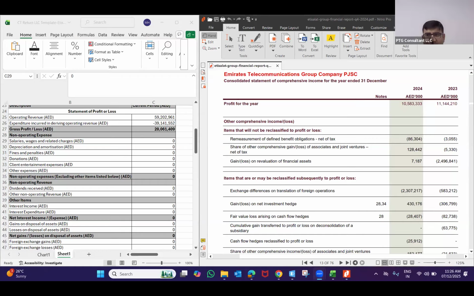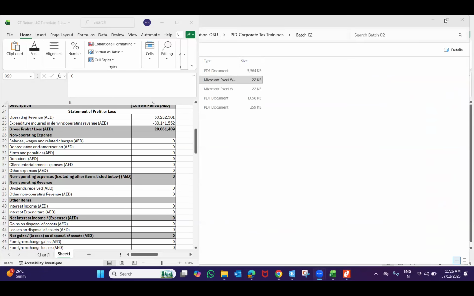No, top right corner. The rectangle box. One is minimize, the minus sign. The next center one is maximize. Exactly. I just did it.